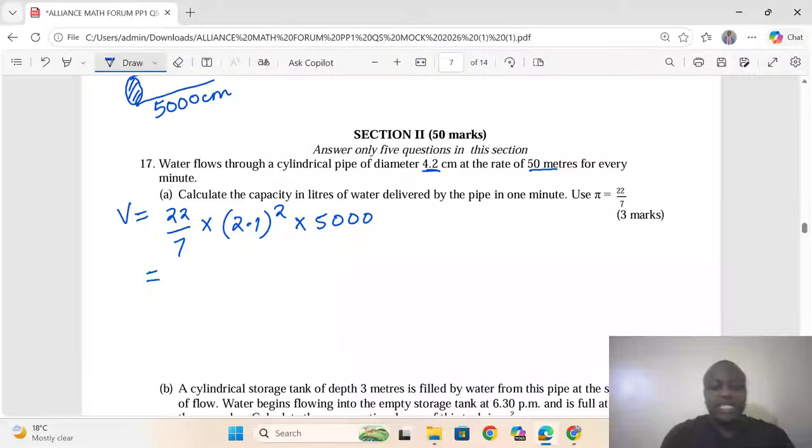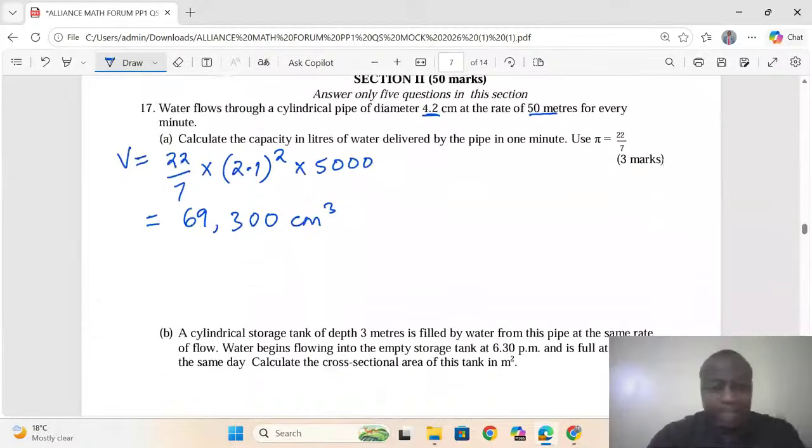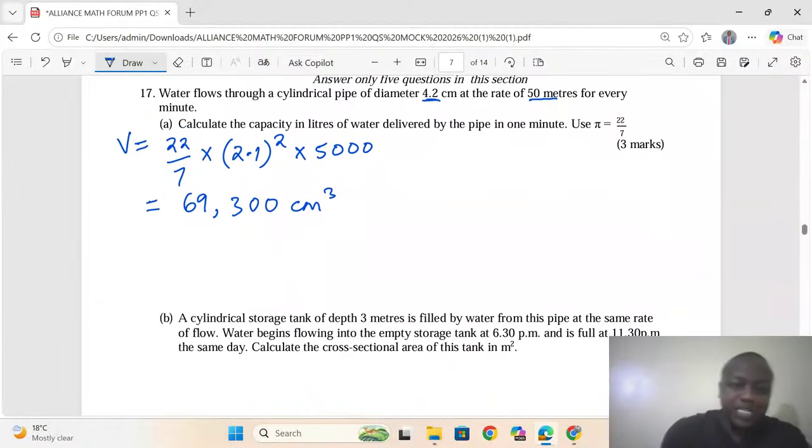So this will give us the volume in cubic centimeters: 22/7 multiplied by 2.1 squared multiplied by 5,000. This is going to be 69,300 cubic centimeters.